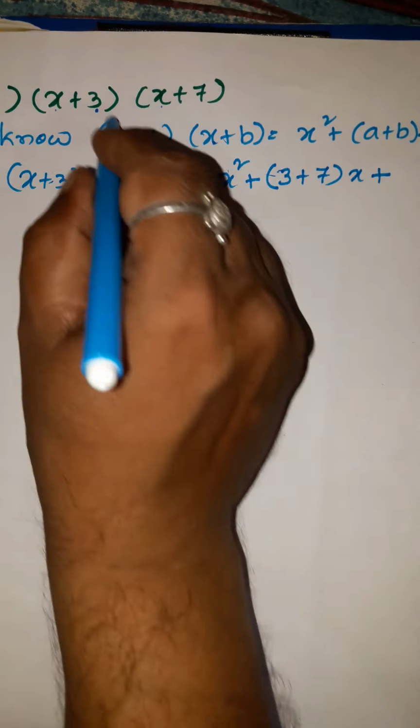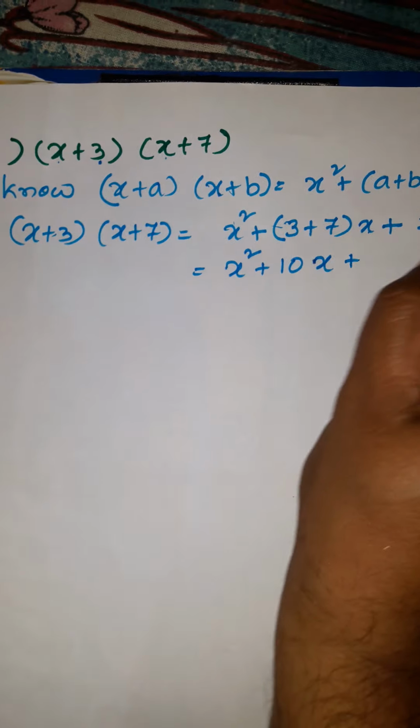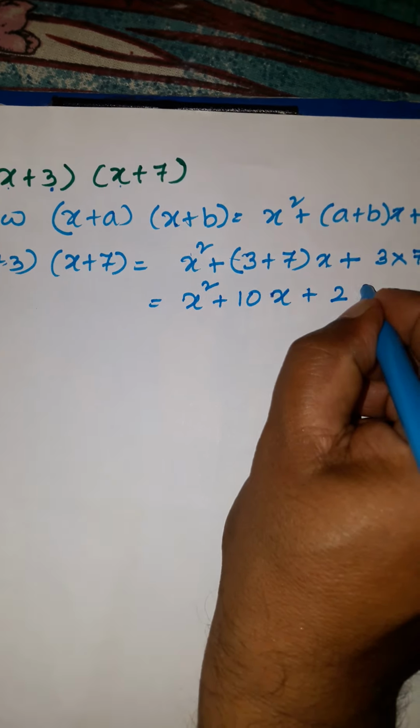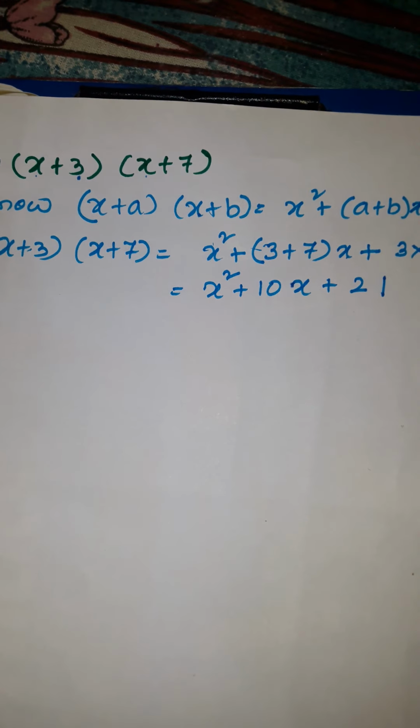So that is x square, 7 plus 3 is 10, into x, plus 7 threes are 21. So this is the answer.